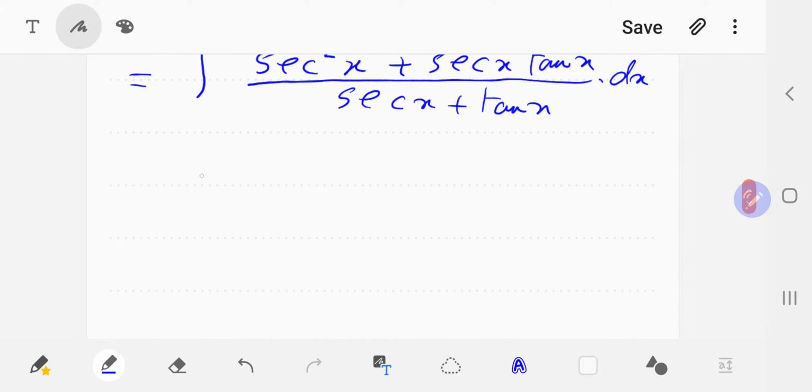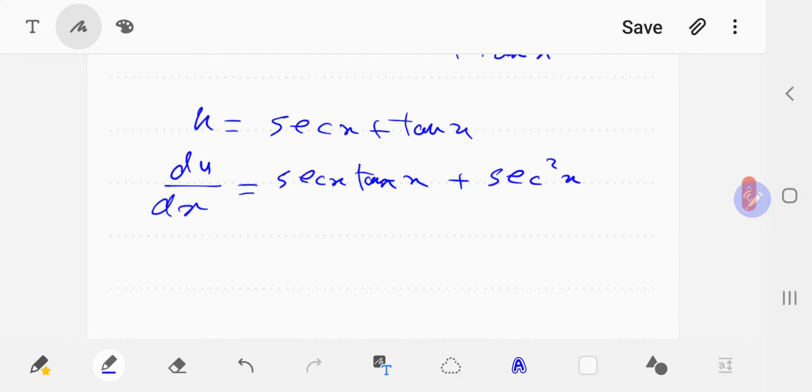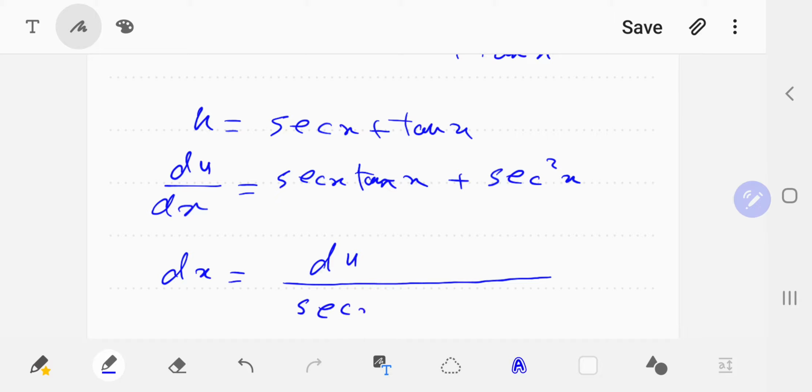So if you choose u here to be equal to secant x plus tan x, which is the denominator, du over dx would be equal to secant x tan x, which is the derivative of secant, plus derivative of tan, which is secant squared x. So dx will be equal to du all over this. I'm going to write it in whatever order, secant x tan x plus secant squared. The order does make a difference since it's addition.